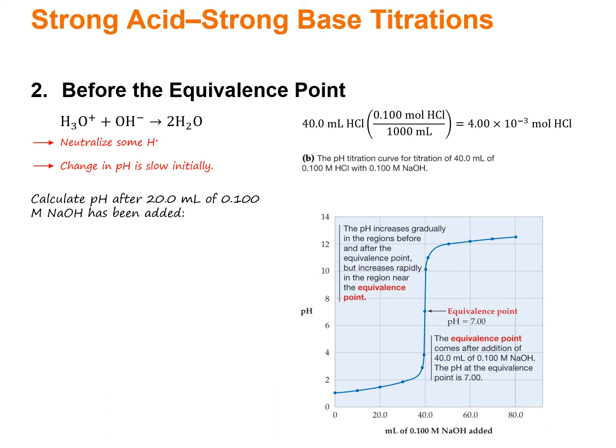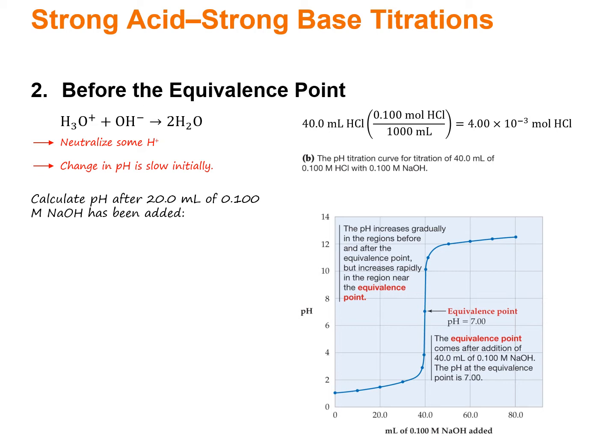Let's calculate the pH after 20 milliliters of 0.1 molar sodium hydroxide has been added. Keep in mind that this neutralization reaction has an equilibrium constant of 10 to the 14, so it goes all the way to the products. No need for equilibria or anything else. If we put in 1 mole of hydroxide, then it will react with 1 mole of hydronium ion if it was present.